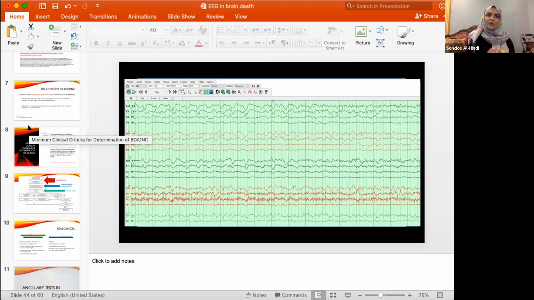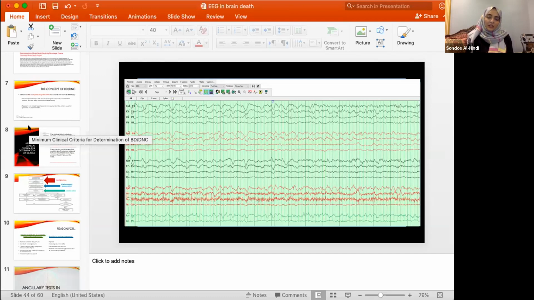Being here in Saudi Arabia, I just recently got to know that EEG over here is not mandatory for diagnosing brain death. However, it's mandatory if your patient is a candidate for organ donation. We had a case in our facility of somebody who was a candidate for organ donation.